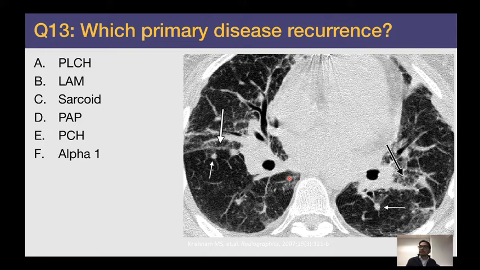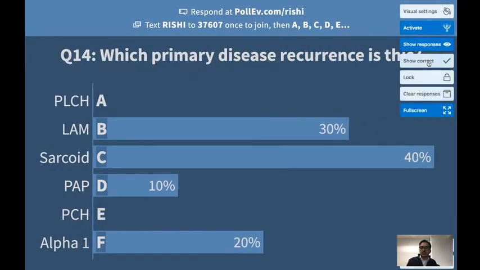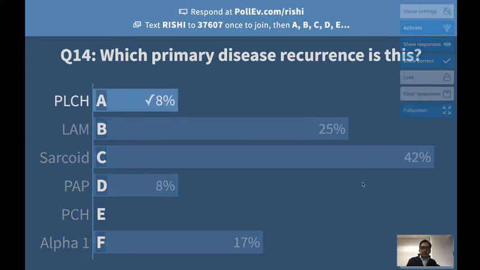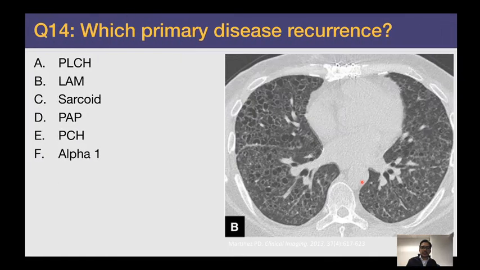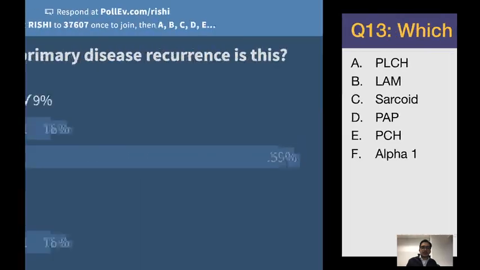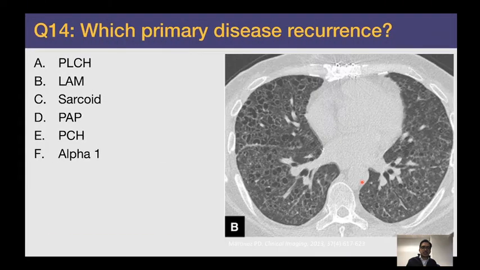How about this one? What do most people say here? Okay, so this one is sarcoid. Oops, I'm on the wrong one here. So yeah, that one was sarcoid, which most people got right. And then the last one is this one. Okay, so this is PLCH.